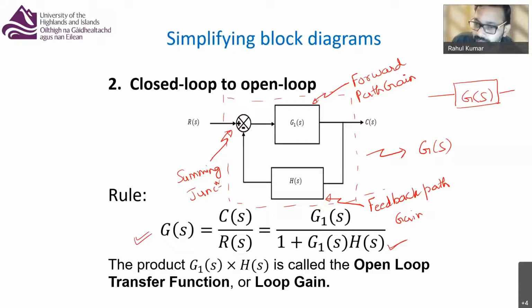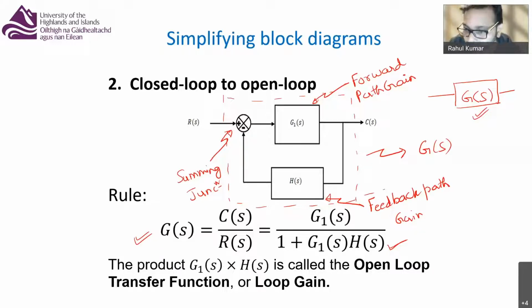Okay, so this is an important formula which we will use very often, and obviously it's quite good if you remember that. So G of s, the overall gain of this closed loop system, will be G1 of s divided by 1 plus G1 of s multiplied by H of s.